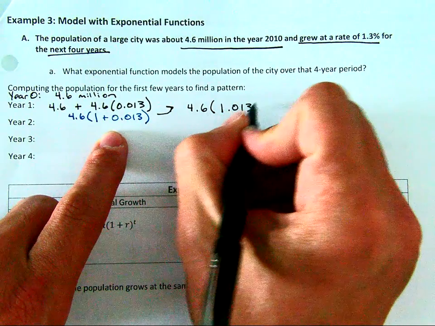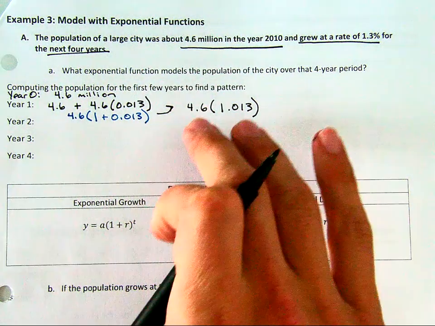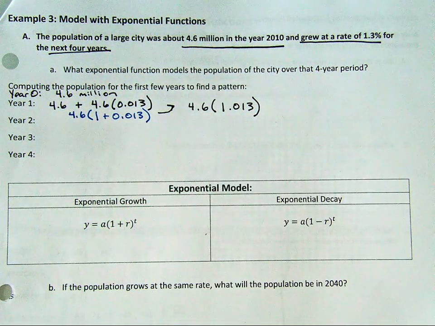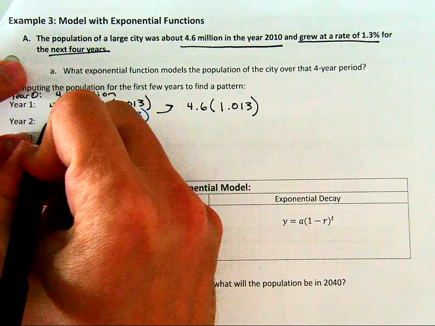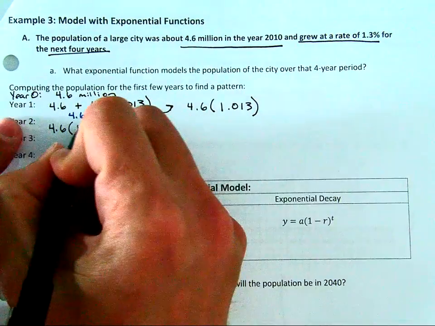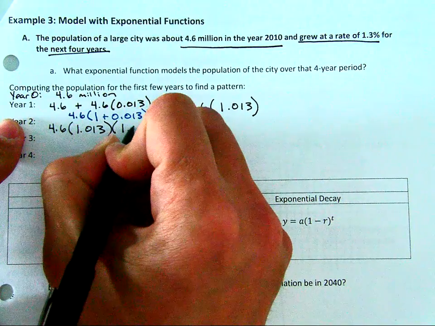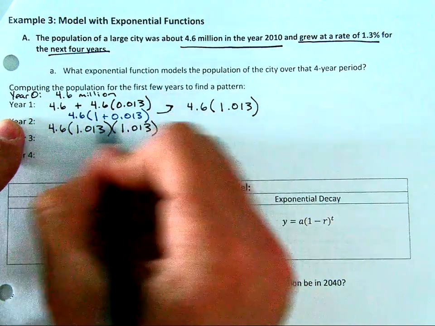Okay. Now, for year 2, we're going to take that 4.6 million and multiply it by 1.013, and we're going to multiply by 1.013 again to get year 2, which becomes 4.6 times 1.013 squared. Right?